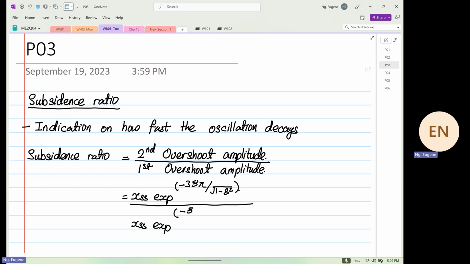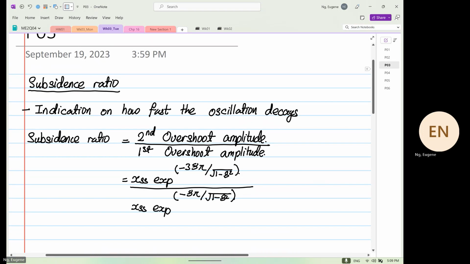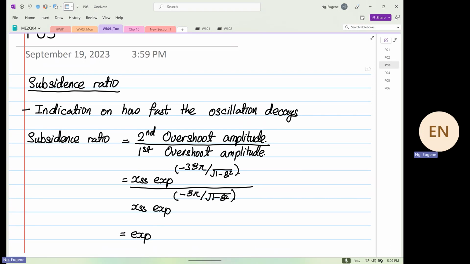First overshoot will occur at pi. So that's where remembering that diagram is so important. And finally, the answer for subsidence ratio is the exponential function of minus 2 zeta pi over square root of 1 minus zeta squared. Okay, so that is our subsidence ratio.